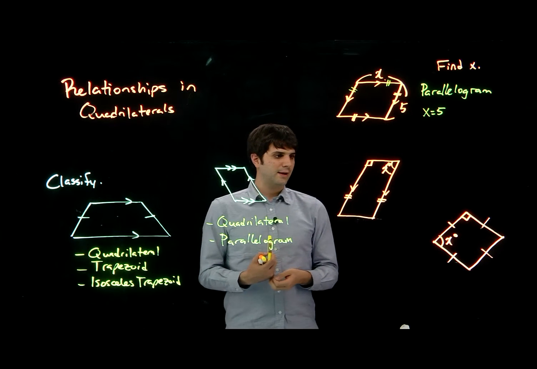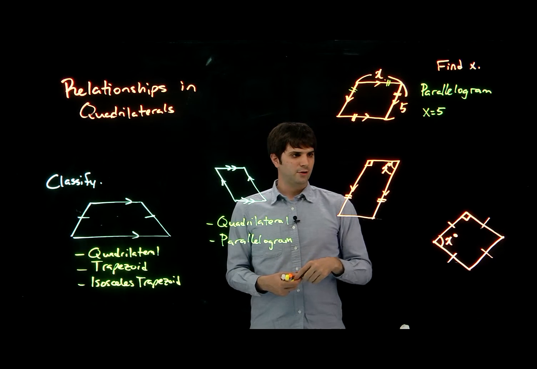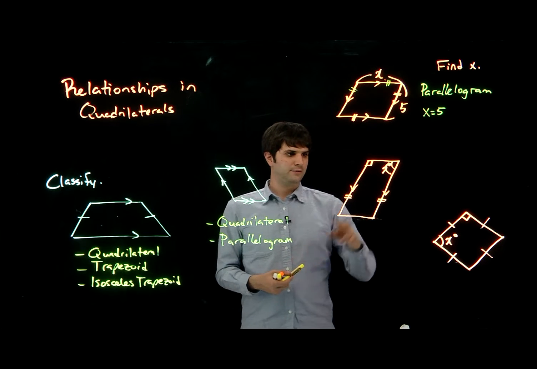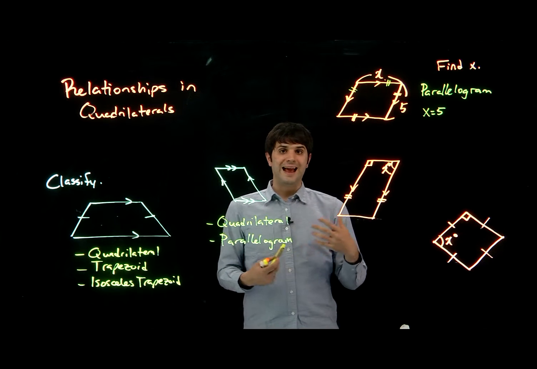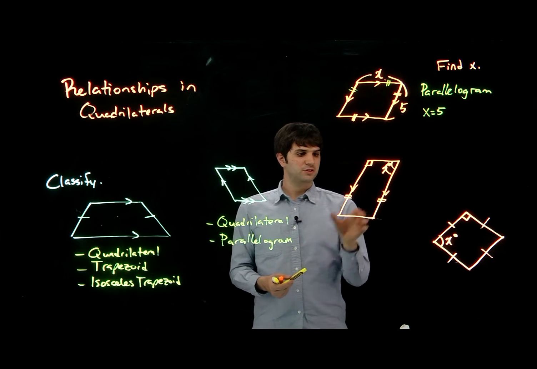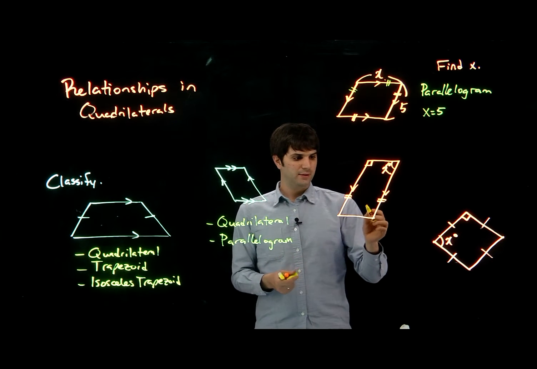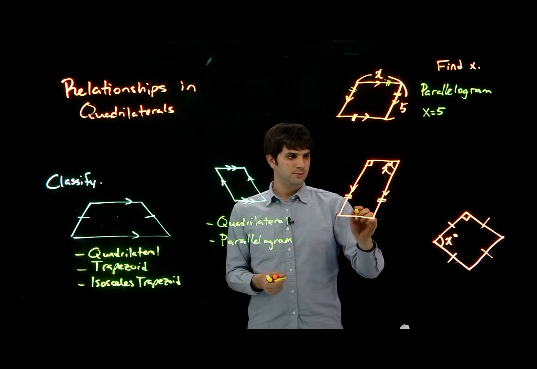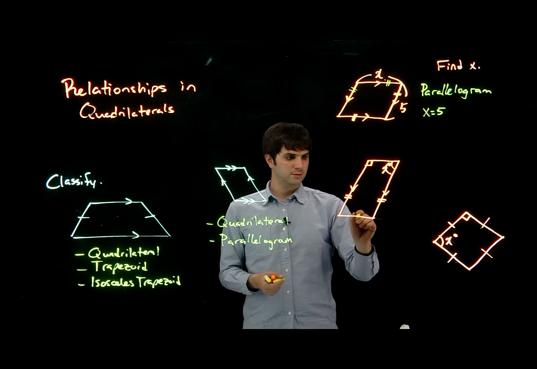Here we have the given information. We have a right angle, we have a quadrilateral, and we have two opposite sides that are congruent and parallel. Since these opposite sides are congruent and parallel, we know that these two sides must also be congruent.